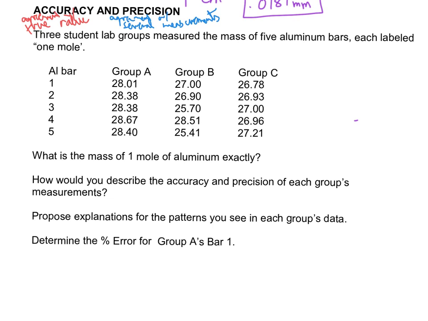In order to do that, we need to figure out what the true value is so we can figure out if they're accurate or not. So what is the mass of 1 mole of aluminum exactly? Well, we can figure that out from the periodic table. 1 mole of aluminum is 26.98 grams per mole.